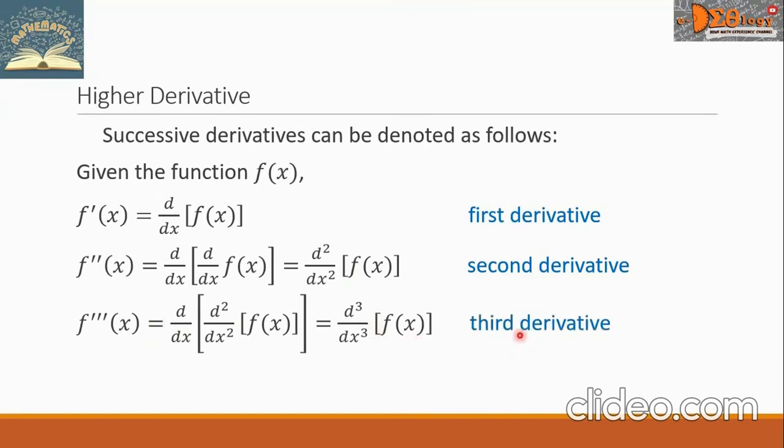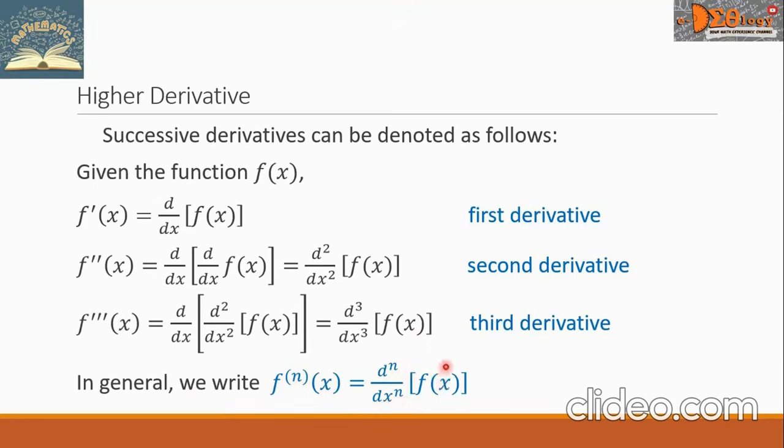This is the third derivative. In general, we write f raised to a power n inside parentheses of x is equal to d to the power n over dx raised to power n of f of x. And this is the nth derivative.